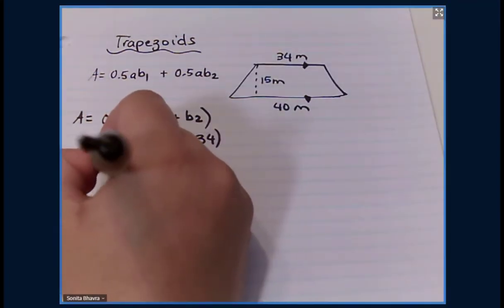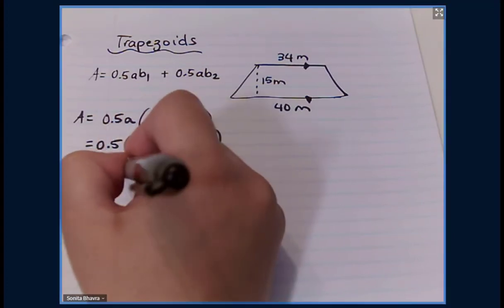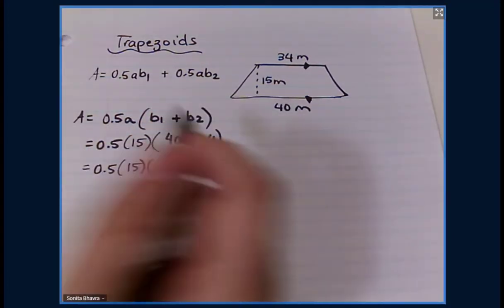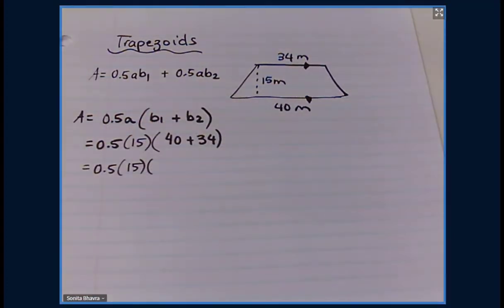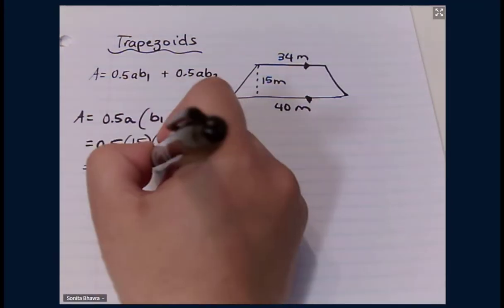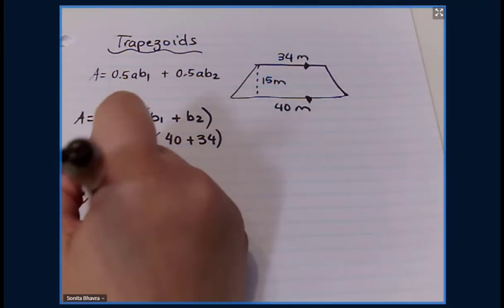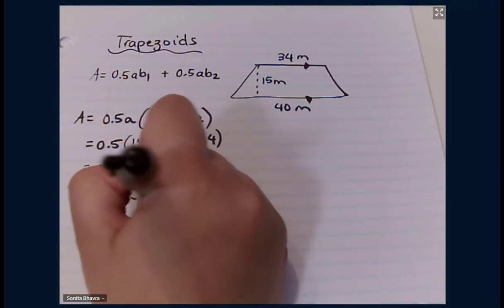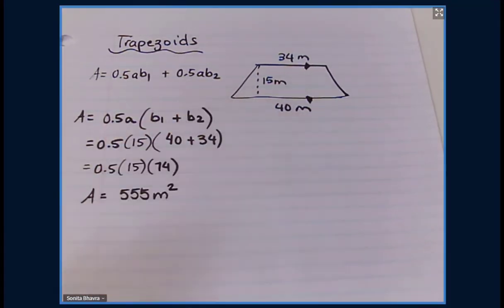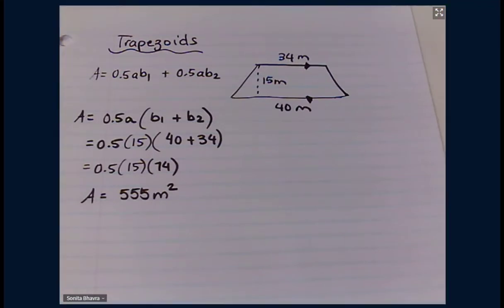We get 0.5, and then 15, and then 40 plus 34, and then we can multiply that after. So 0.5 times 15 times 74 gives me 555 meters squared. All right, so that's trapezoids.